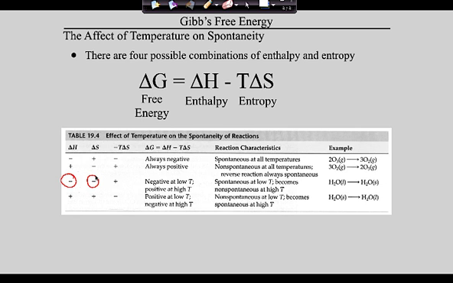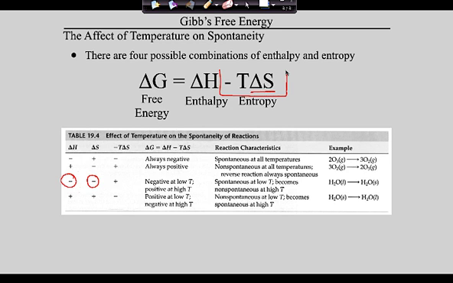And if we want good to prevail, we have got to decrease the influence of the bad term. And what is the bad term? The bad term is the entropy term. So guys, if the entropy term is working against good, against spontaneity, how do we make the value of this entire thing less?